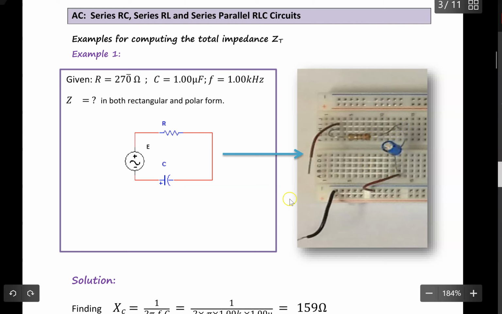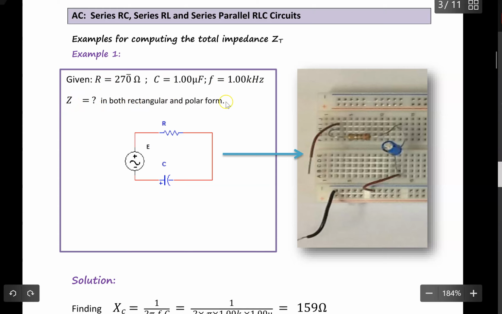This is the image, and this is the circuit diagram for this particular circuit. Given R equal to 270 ohms, capacitor equal to 1 microfarad, and the frequency is generated at 1 kilohertz. So how do we calculate the impedance in this case? And we have to write it in both rectangular and polar form.